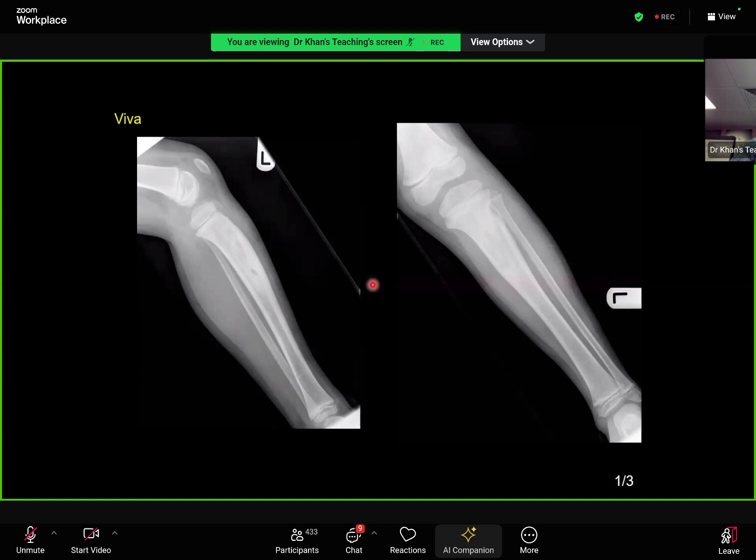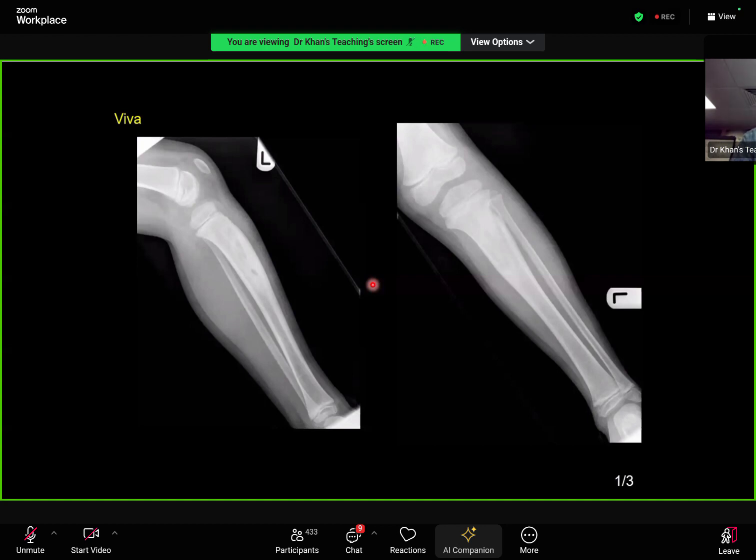I can't see any soft tissue extension, but maybe there is some surrounding soft tissue edema. So again, appearances are those of an aggressive process, considering the wide zone of transition of the changes.